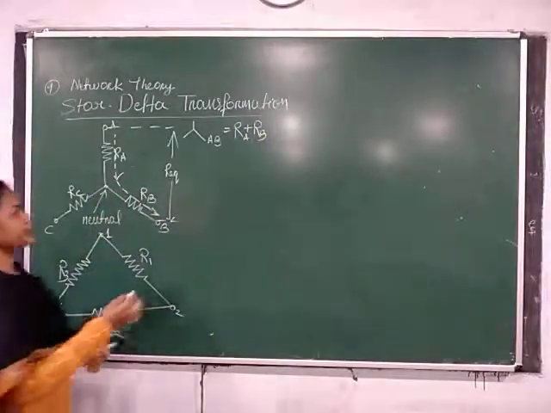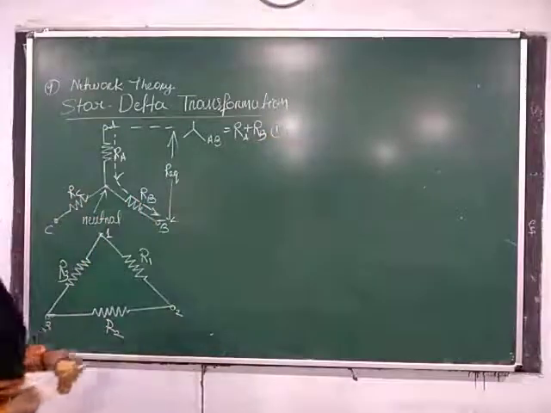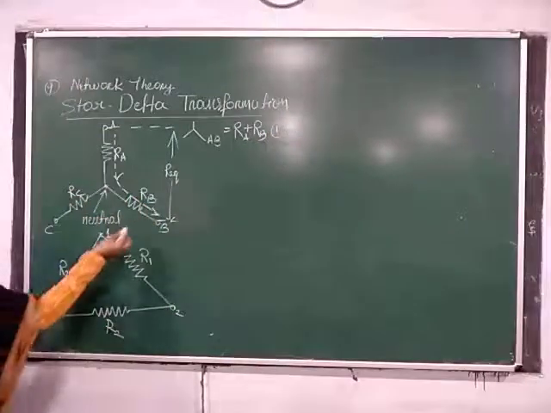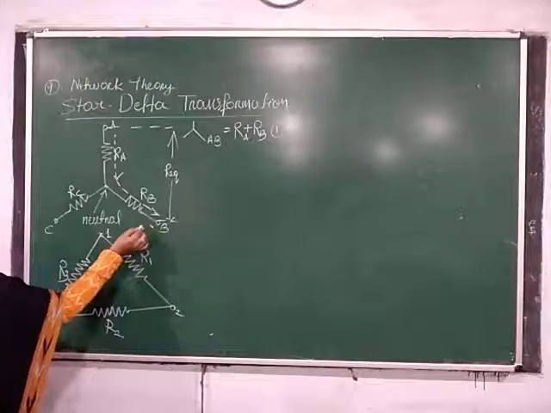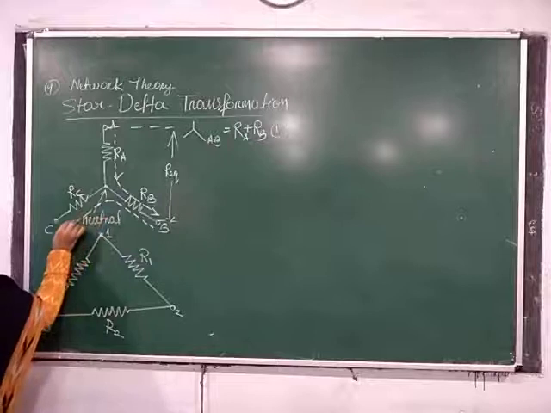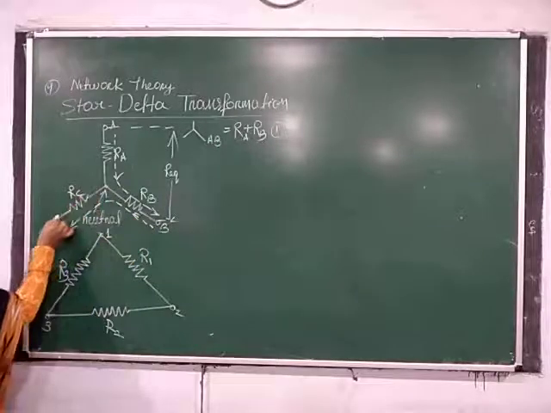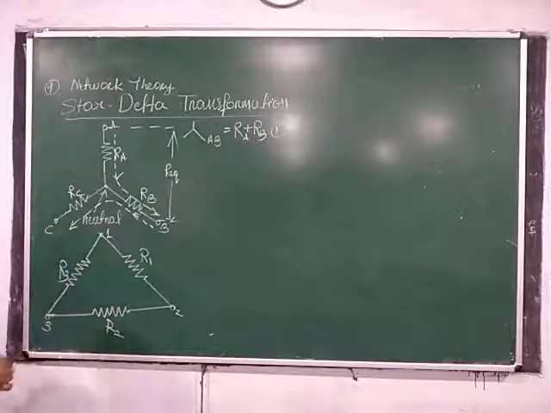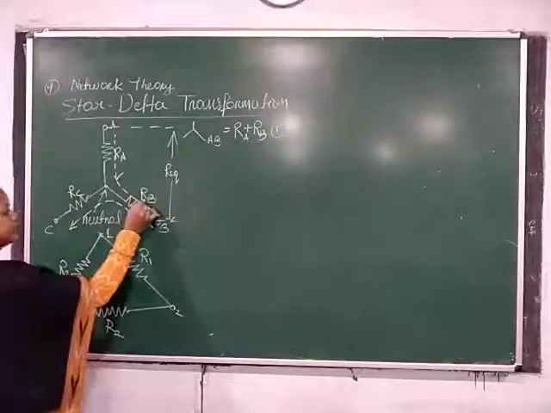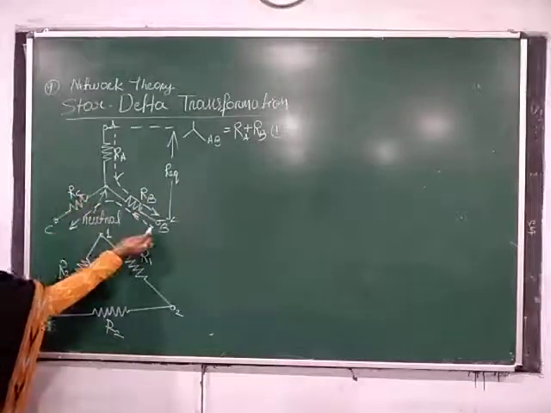Take it as equation number 1. Then come to the resistance between B and C. You see that here resistance RB and resistance RC are in series.